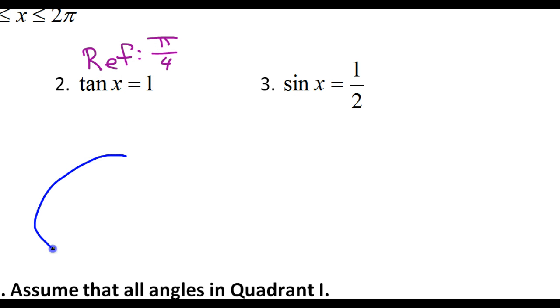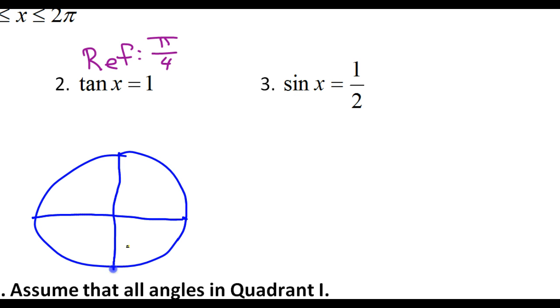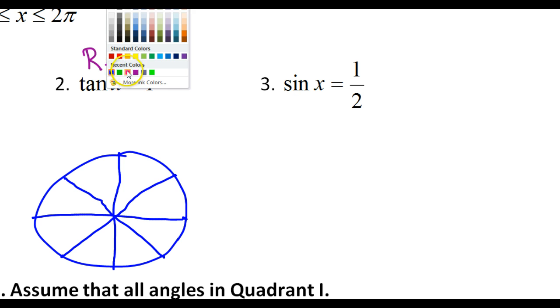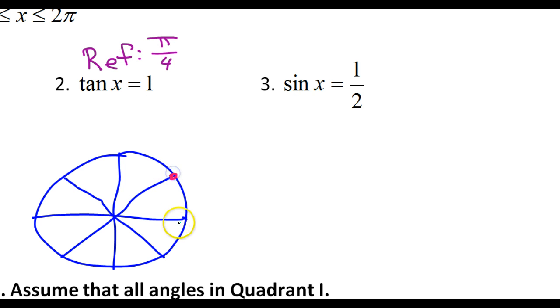I like to draw a quick unit circle. And again, we're dealing with a reference angle of pi over 4, so I draw pi over 4s, by splitting the top semicircle into 4 pieces. So now I have pi over 4s. So once again, when we talk about reference angles, they are always measured here against the x-axis.